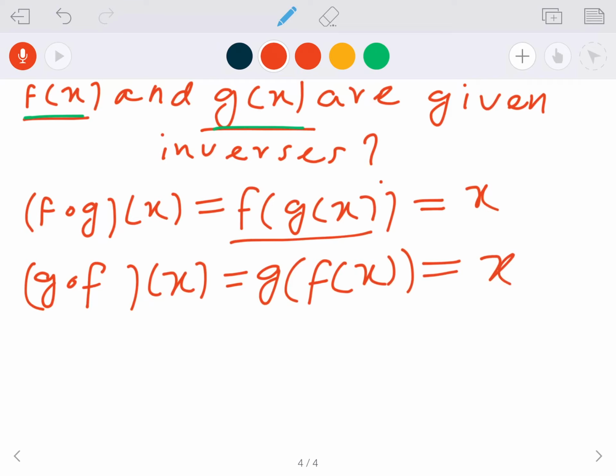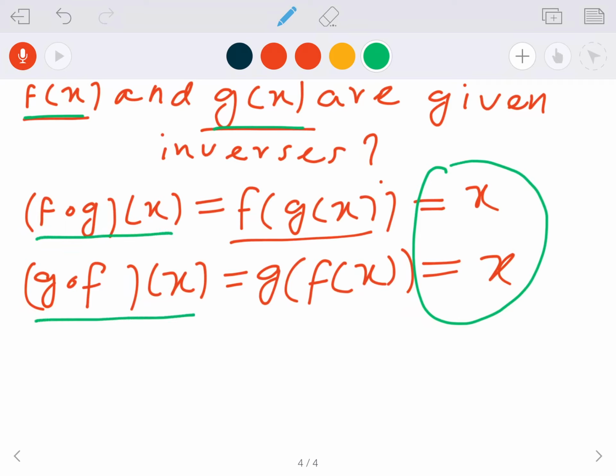So if you get x for both f of g of x and g of f of x, then in this case we can say that these two functions are inverses. All right, so that's the idea of this chapter.